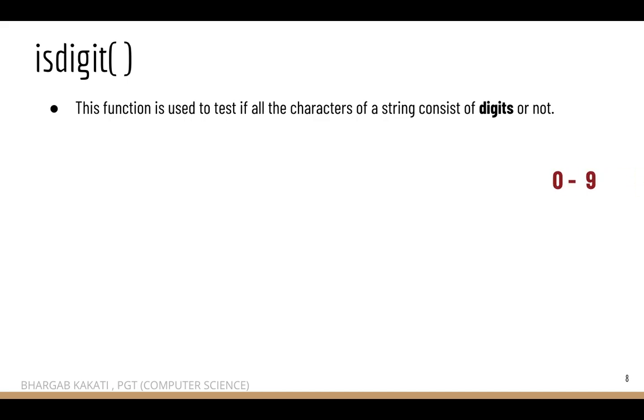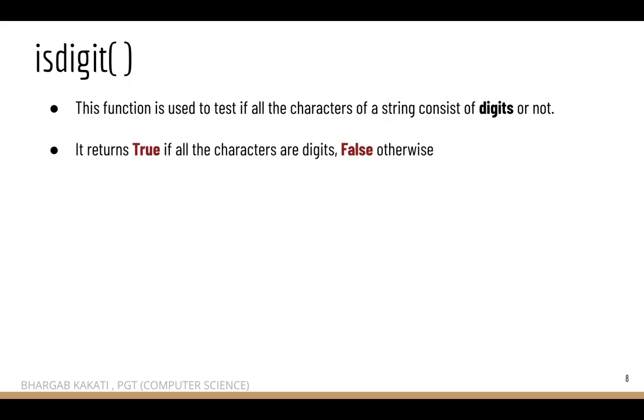Digits consist of 0 to 9. Except 0 to 9, it cannot contain even a point, as the point does not fall under digits. It returns true if all the characters are digits, false otherwise.